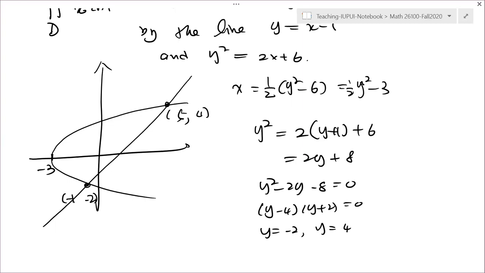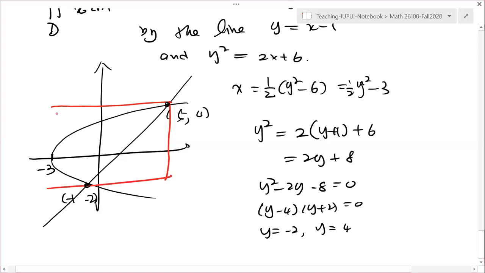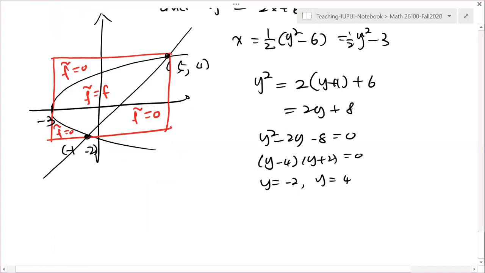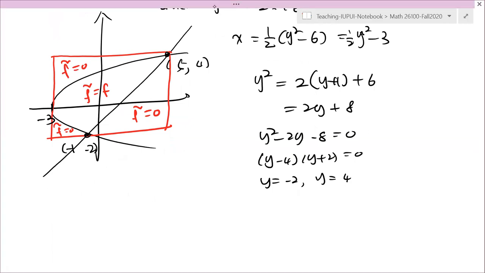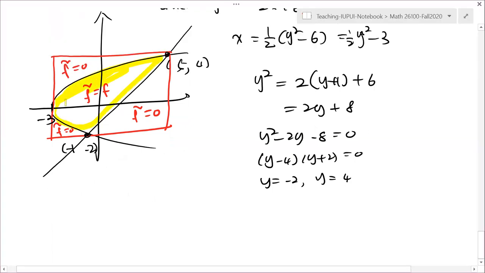Then you have to find a rectangle to cover the region, so let's use the red pen. I don't need a very big one, but at least this size. So this is a rectangle R. Here F tilde is going to be F, but outside the region F tilde is 0.